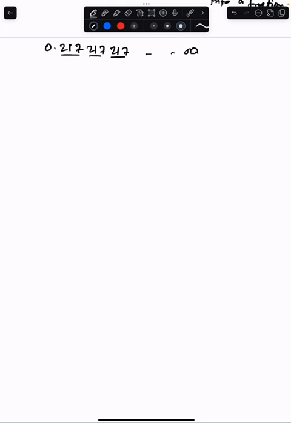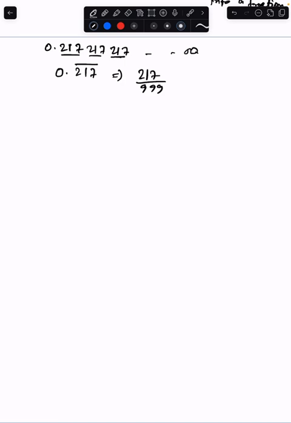So we can represent this as 217 bar. Whatever digit is repeating after the decimal, we put under a bar, or this can be written as the fraction 217 by 999. Means whatever digits are repeating, we put 9 corresponding to each digit.